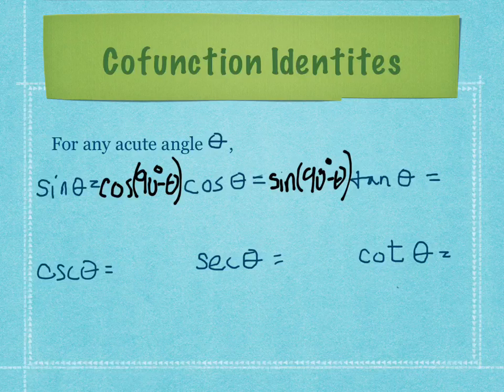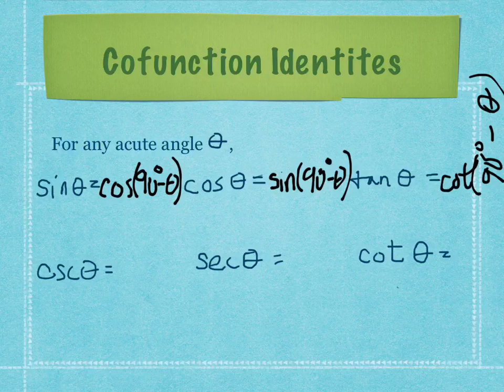So tangent will be written how? Same pattern. It's the cotangent of 90 minus theta. How will cosecant be written? Secant of 90 minus theta. How will secant be written?